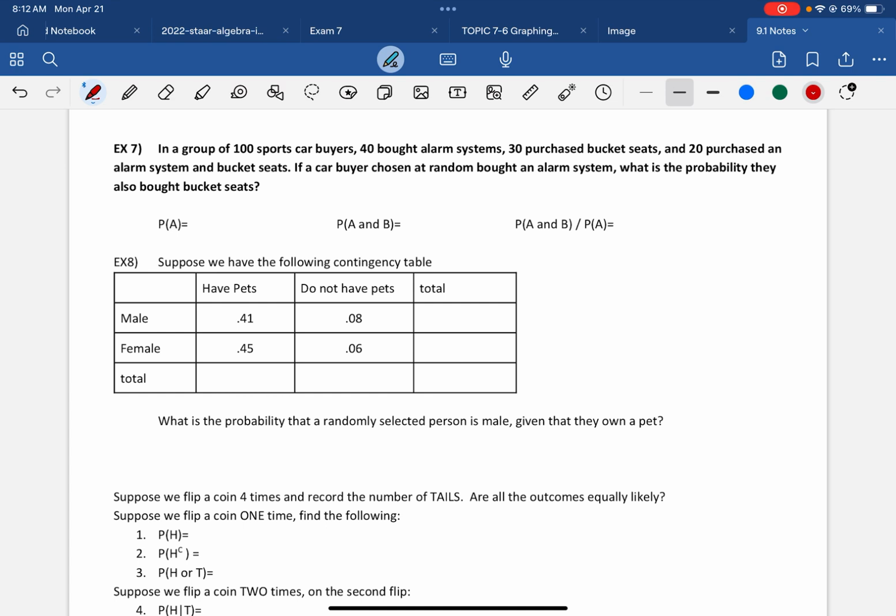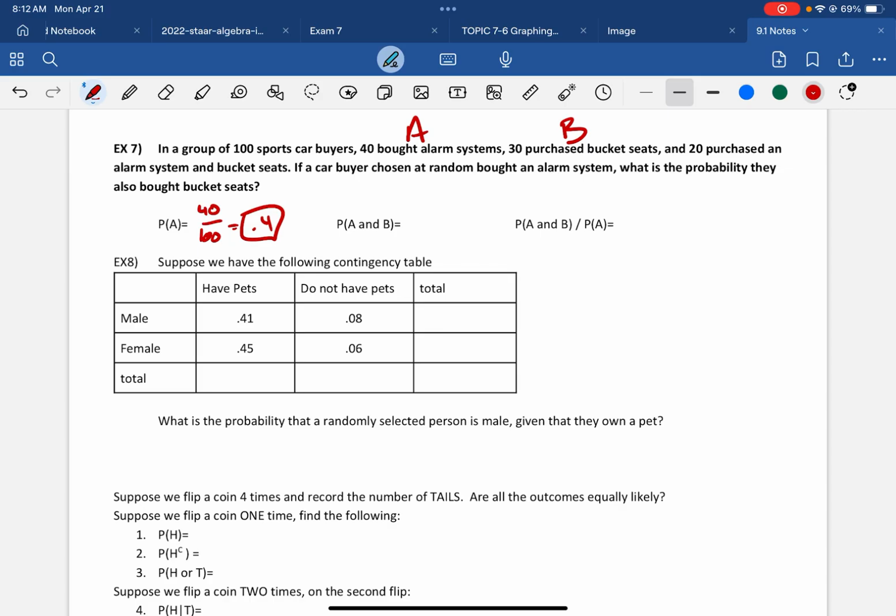Okay, all right, so let's talk about our events. Alarm systems, I'm going to make that event A. Bucket seats, event B. So the probability of event A only would be 40 out of the total, which is 100. So we have 40 out of 100, which is 0.4.